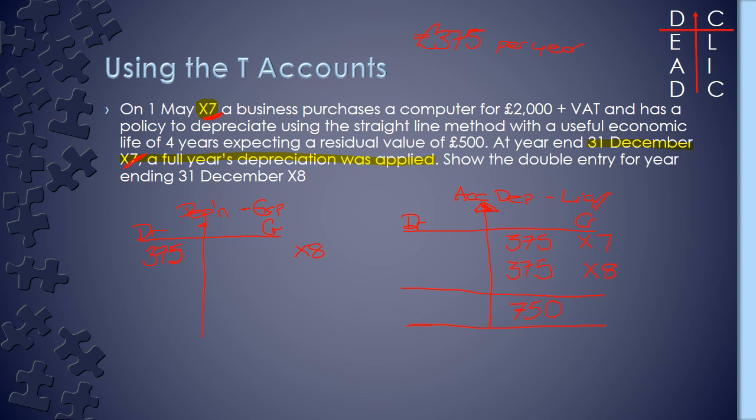Our net book value on our statement of financial position of this particular computer would be the original cost of the computer less our accumulated depreciation, and that will give us our net book value as at the end of our second year, at the end of this year here.